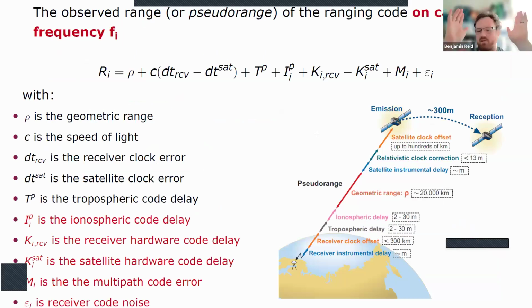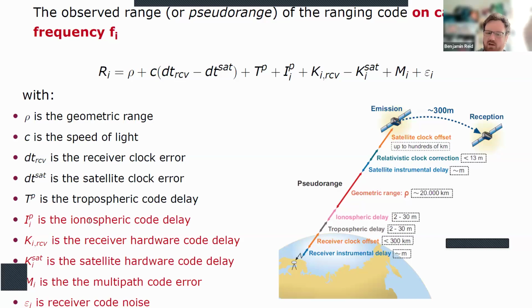So this is a really fun slide, right? There are all kinds of things that affect the propagation time, and this is just a list of all of them. You have the geometric range. You need to care about the speed of light. You have to care about the errors in the clocks. The troposphere, the neutral atmosphere, has a delay that depends on humidity and all kinds of stuff.